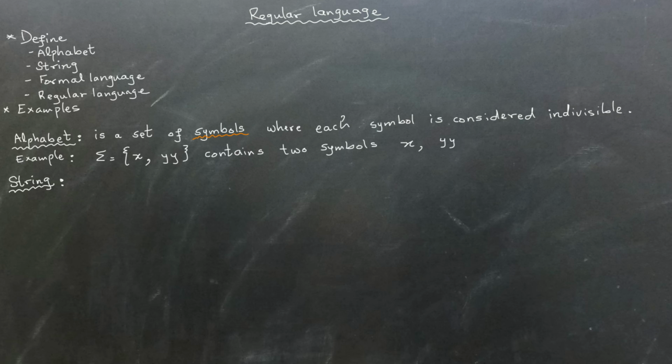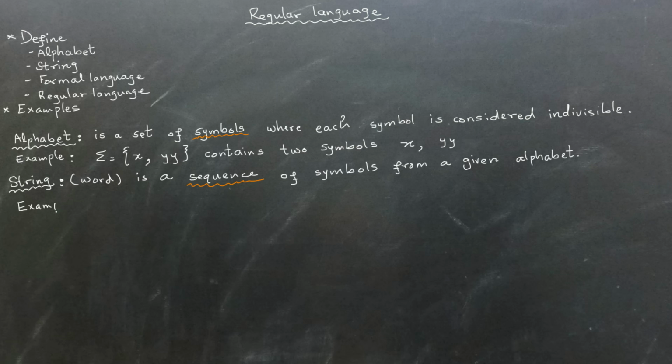Next, we have the concept of string or word, which is simply a sequence of symbols from a given alphabet. For instance, using the alphabet X, YY, valid strings could be XYY, YYX, or XYYXX.